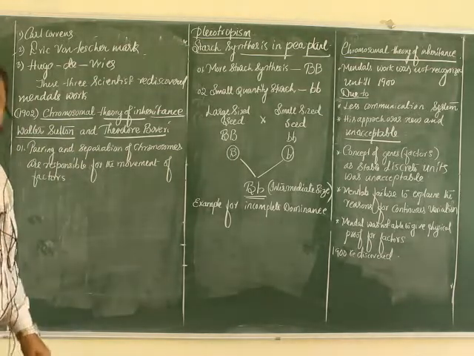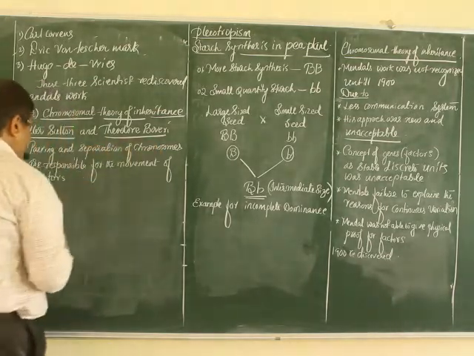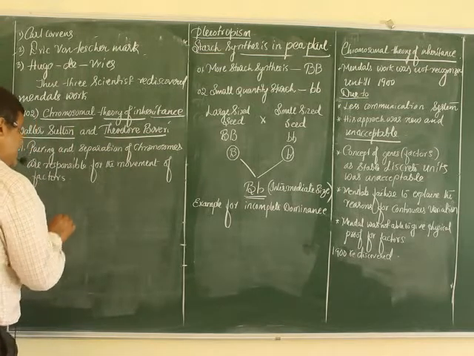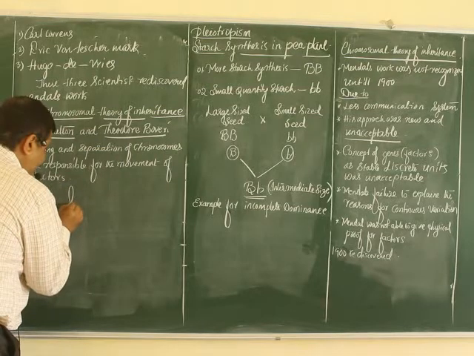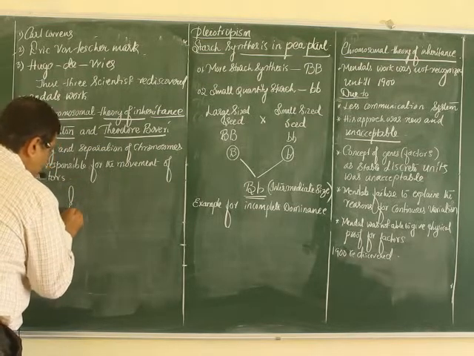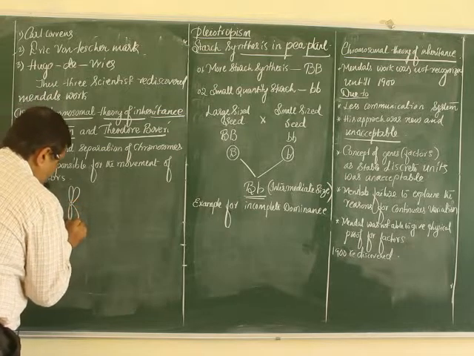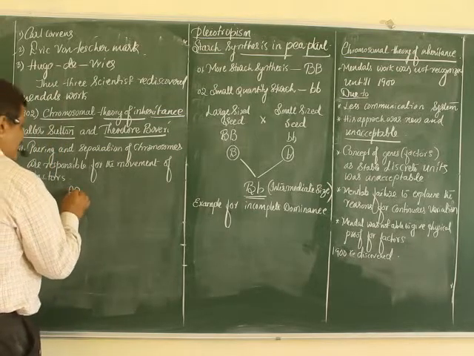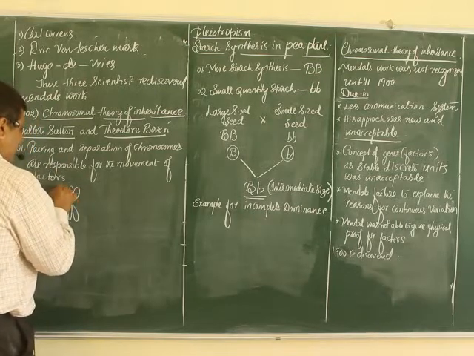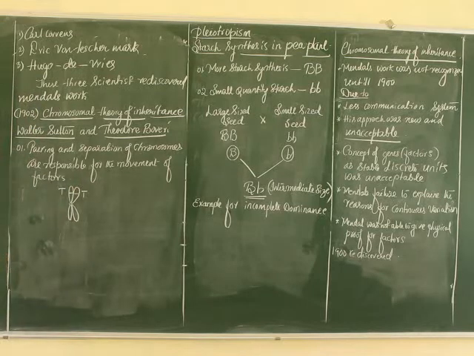What is the meaning of this sentence? Pairing and separation of chromosomes. For example, here is a chromosome. It represents two genes which are located here, capital T, capital T. Is it okay?